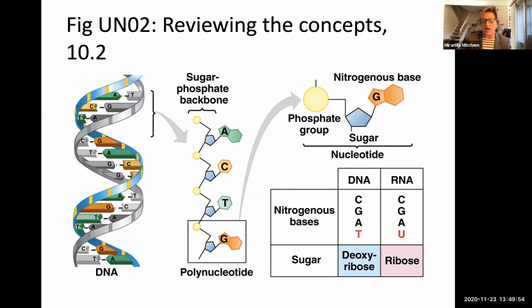So we never have double-stranded RNA in our body. In fact, if we do, it means there's a virus. There are certain viruses that have double-stranded RNA genomes, and our immune system actually knows that and will become activated to fight a virus infection if it recognizes double-stranded RNA. So those are the three main differences between DNA and RNA.